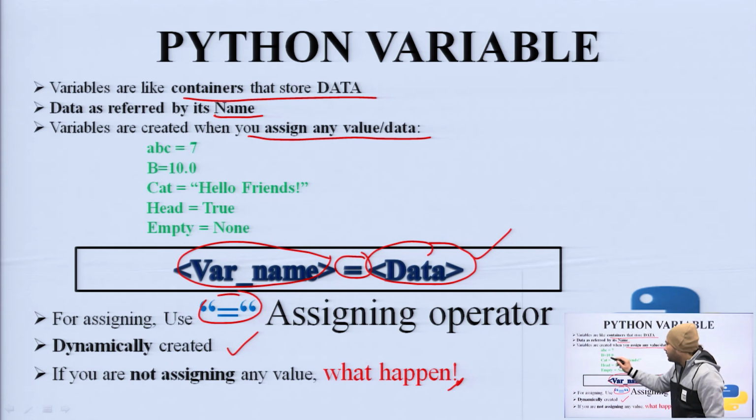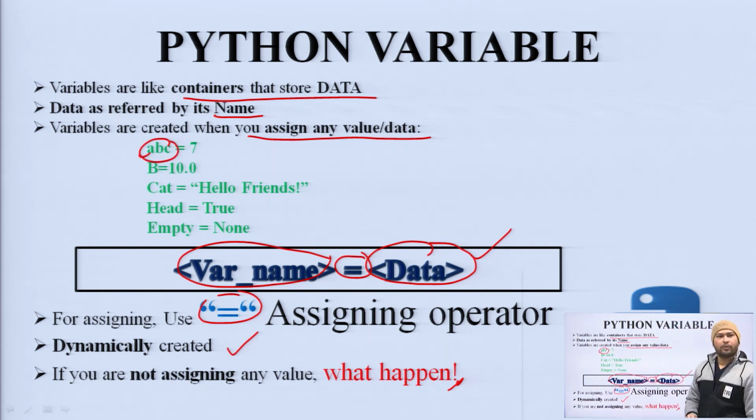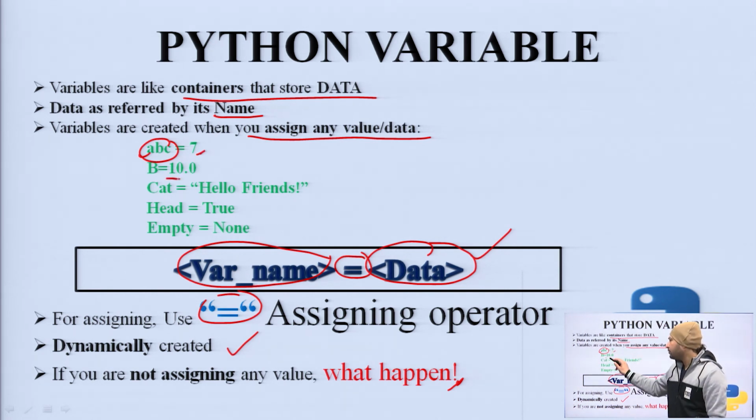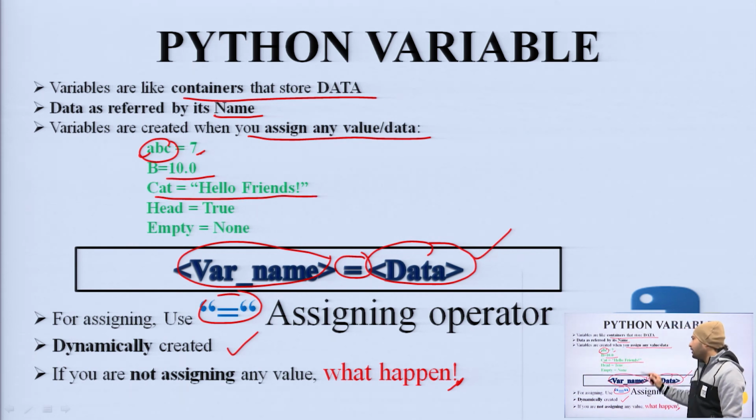Now look at the very first example. This is the name, followed by the assignment operator, followed by the value or data, that is 7. Similarly, b is equal to 10.0. You can see the third one, that is cat is equal to hello friends. Here, hello friends is the data and cat is the name of the variable. Similarly, you can see head is equal to 2.